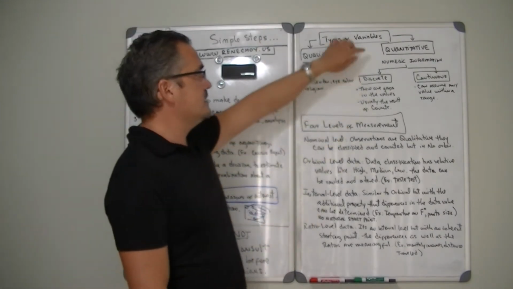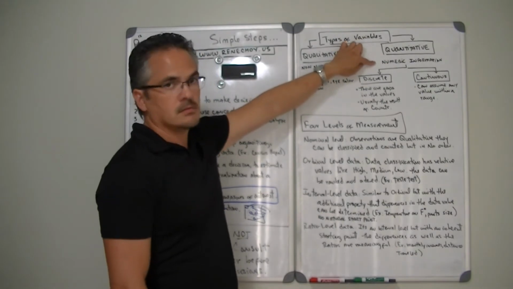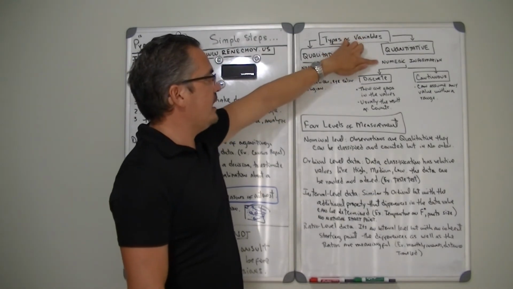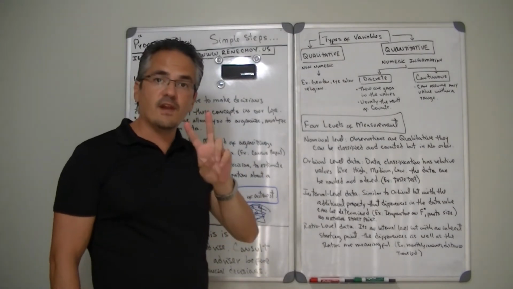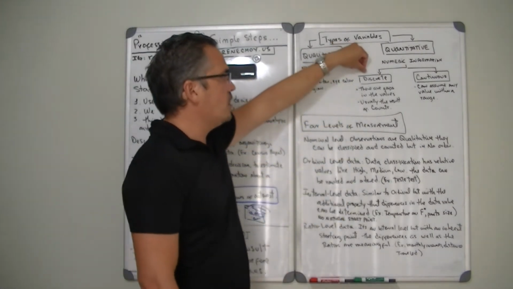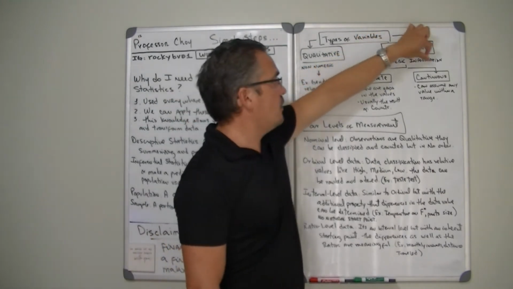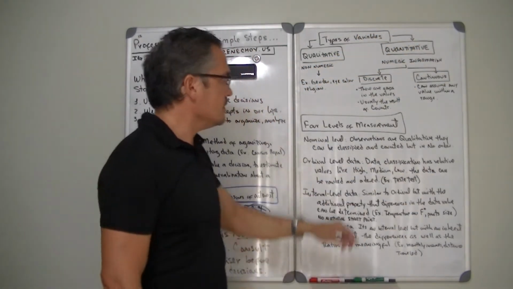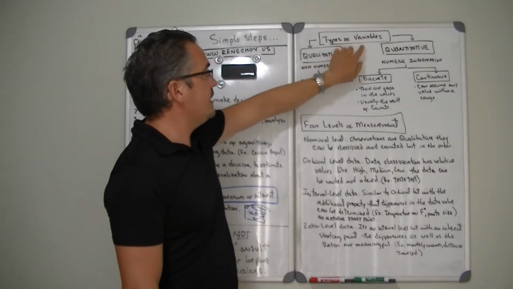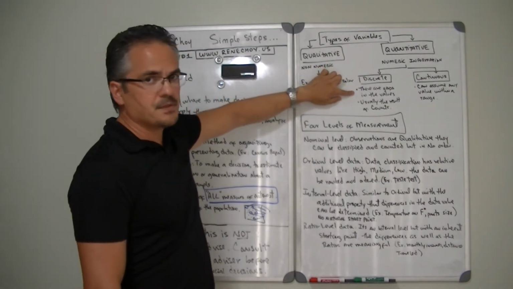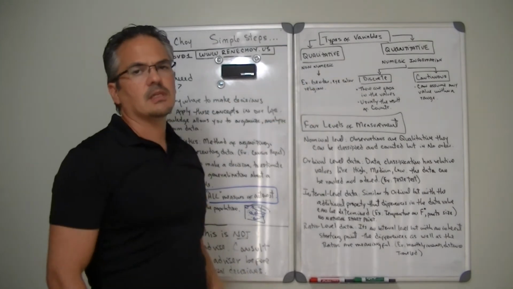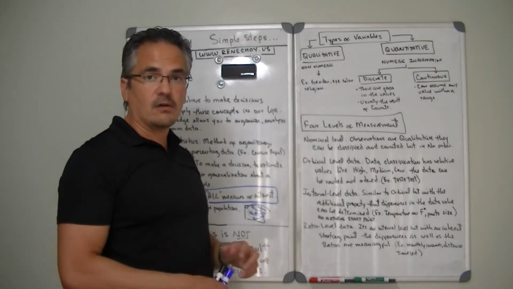Quantitative data is a number. So quantitative data is numeric information. Now numeric information comes in 2 flavors. One is what we call discrete, another one is what we call continuous. A discrete quantitative variable is a variable that has gaps in its values, and it's usually the result of counts.